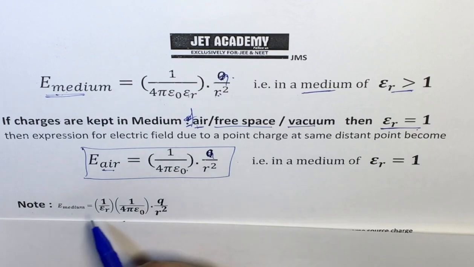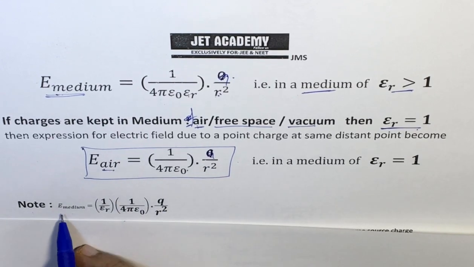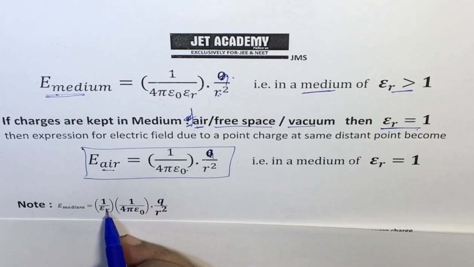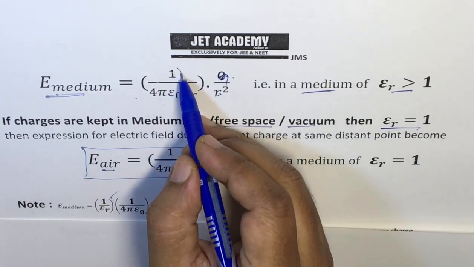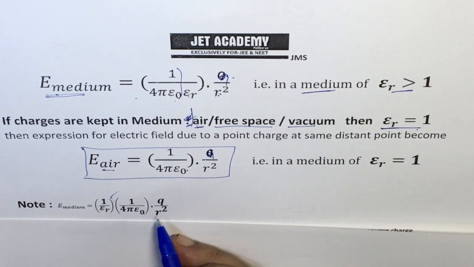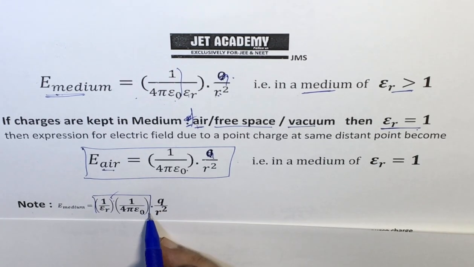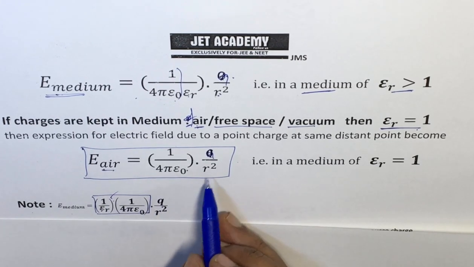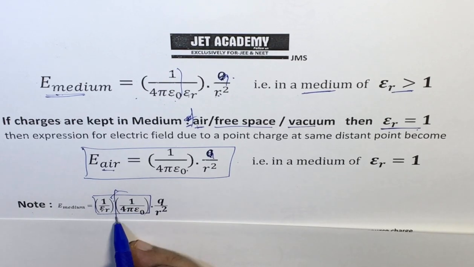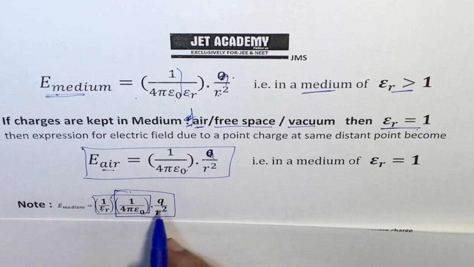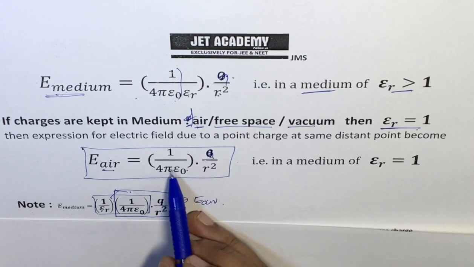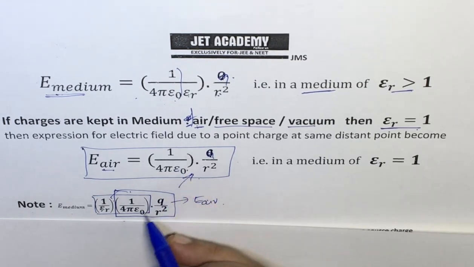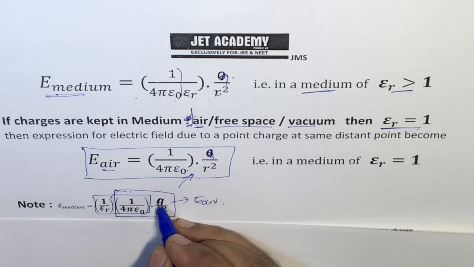Note, see, the very simple, same derivation with the alteration. E medium is equal to 1 upon epsilon r, which I kept outside, times 1 upon 4 pi epsilon naught, then Q by R square. This part is for air: 1 upon 4 pi epsilon naught, Q by R square.